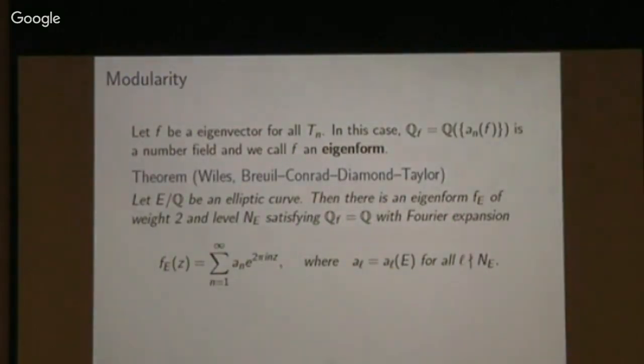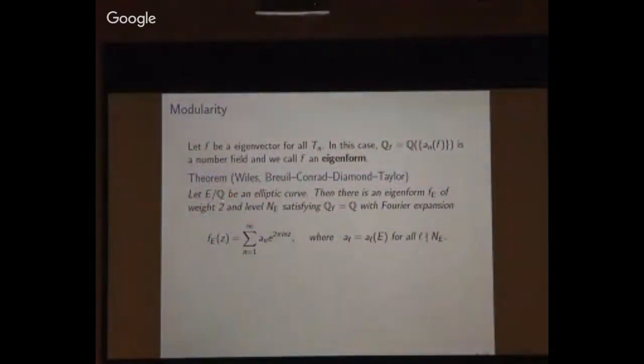Okay, so we now have enough definitions to state the modularity theorem. If we start with an elliptic curve E over the rationals, then there is an eigenform f_E, where this E just means that f is attached to E, of weight 2 and level N_E. So the level of this eigenform is going to be equal to the conductor of the curve. And the field obtained by the coefficients is going to be the rational field.